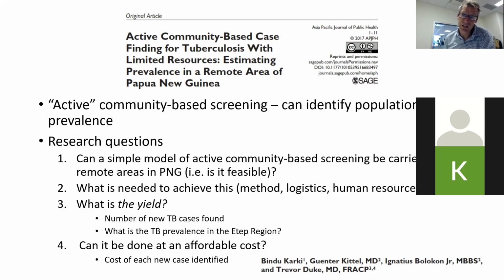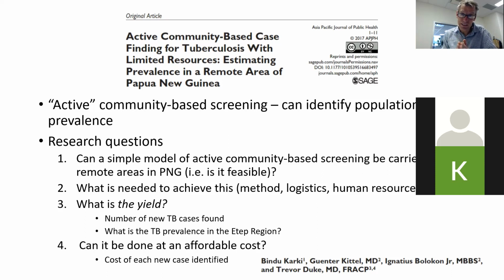It started with an observation, and the observation was that they were seeing a lot of people present with abdominal TB, with grossly distended abdomens, lots of ascites, strands and adhesions evident on ultrasound, and they tap the ascites and find that it's straw-coloured fluid, and it looked very much like abdominal TB, and they treat many of these patients and they get better. They were seeing lots of abdominal TB in this place called Etep among children and adolescents and adults particularly.